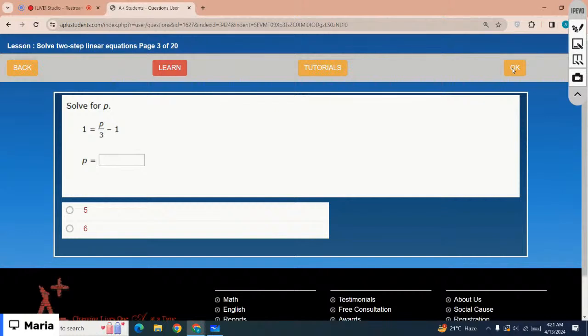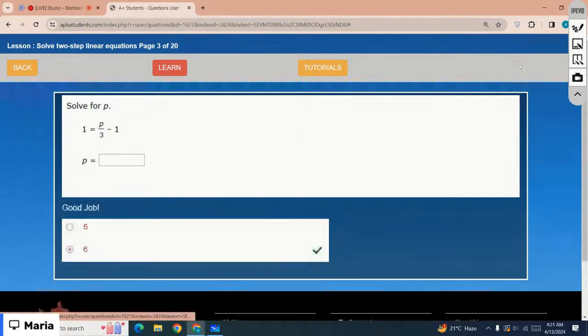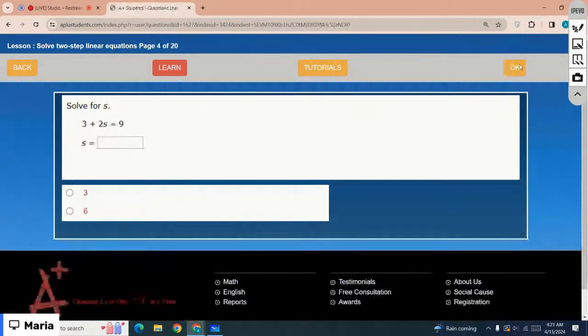Yes, the correct option is 6. It is 6 is the correct option. Okay, solve for S, which is the correct option. Yes, the correct option is 3. Option number 1 is the correct option.